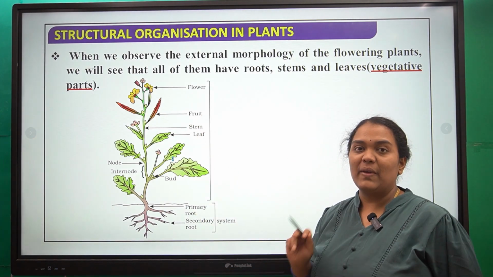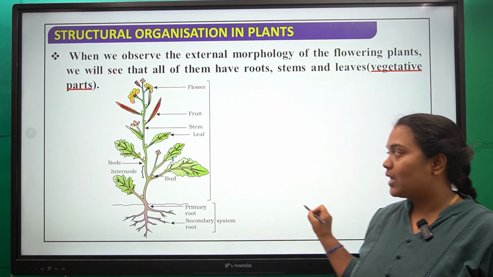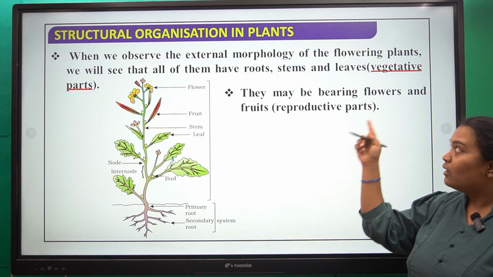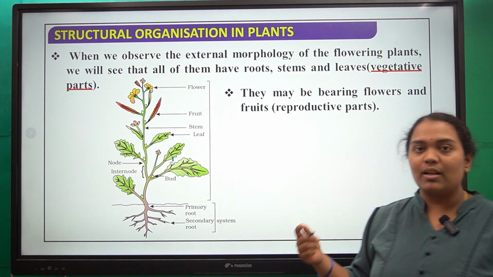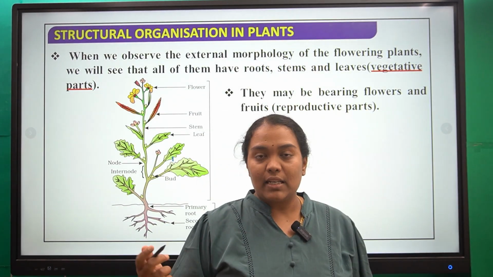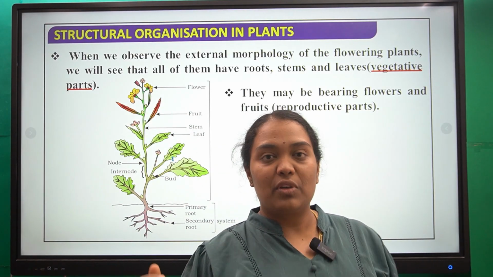So all these are the basic structures that are seen in any plant or any organism belonging to the plant kingdom. They may be bearing flowers and fruits, which are also called reproductive parts. Why reproductive parts? These flowers have the male and the female gametes, that is the stamens acting as the male part and the ovule acting as the female gamete.